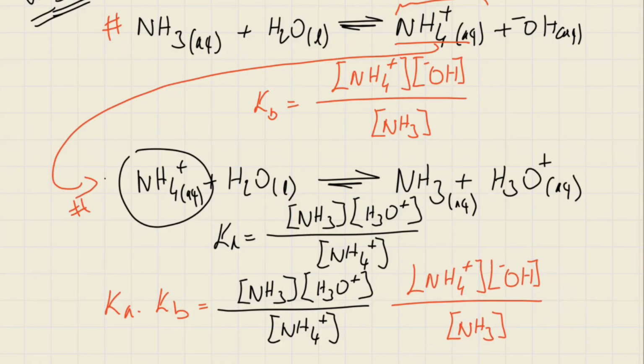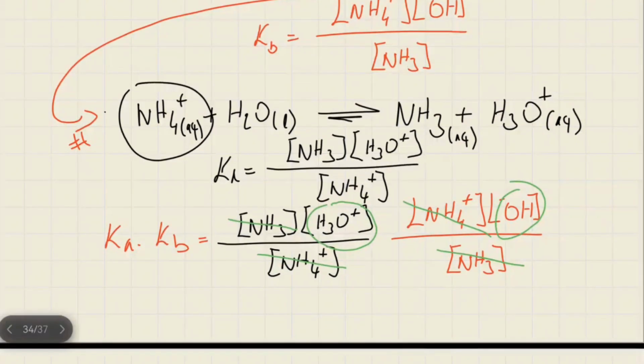So if we multiply these two, NH3 cancels, NH4 cancels, and Ka times Kb becomes H3O plus times OH minus.